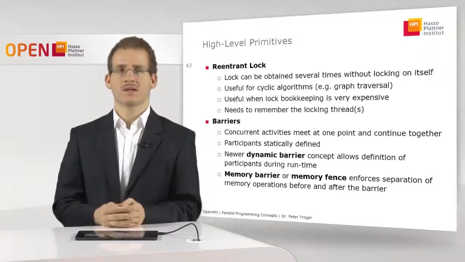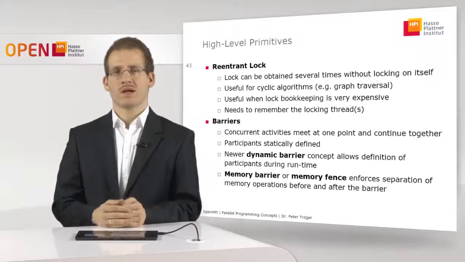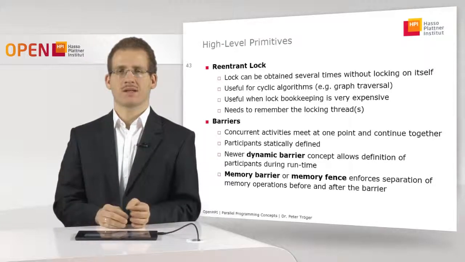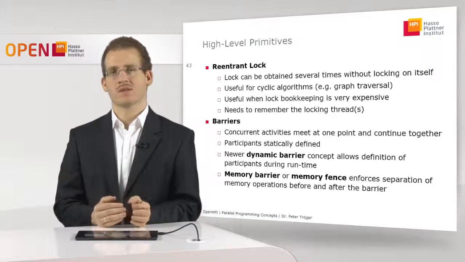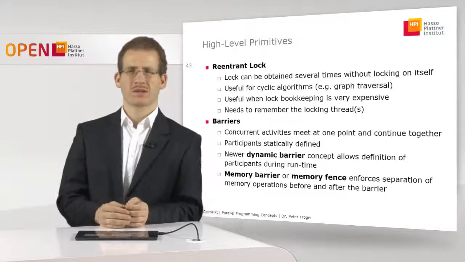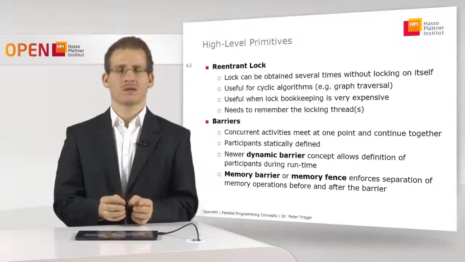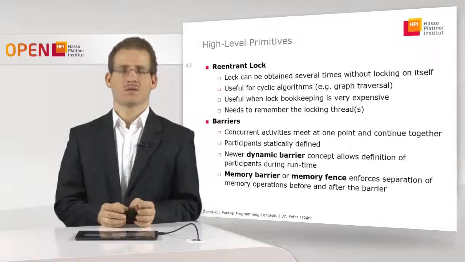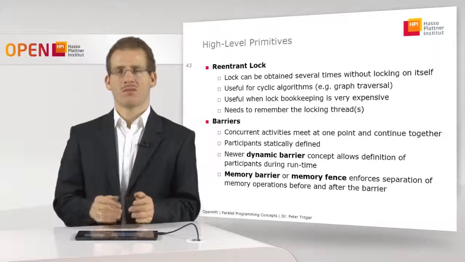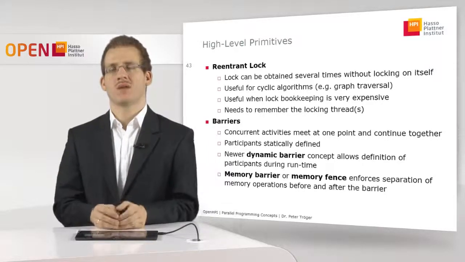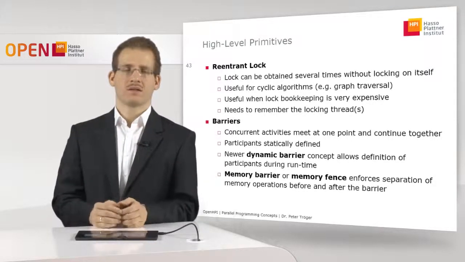The idea here is that you have participants and the barrier acts as an overall synchronization spot. This is not a critical section. It is only intended to make sure that, regardless of the local execution speed of the different concurrent activities, they all meet at that point and continue from there again.